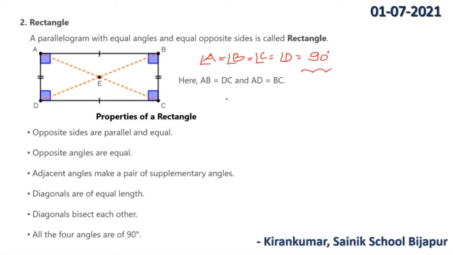So now you can guess the next type of quadrilateral, that's a square. A rectangle with all the four sides equal is called a square. Let me take a square.